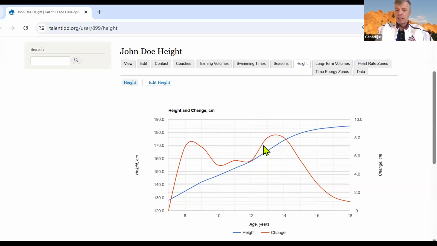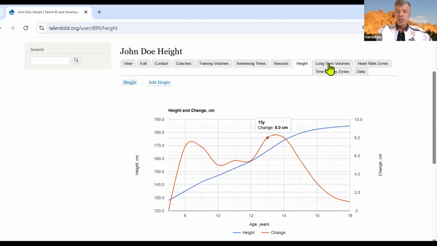So keep that in mind, that you're measuring height more often. You enter height over here, changes of the height, and the software detects that you are late matured. This particular swimmer is late matured, because average peak height velocity, when height increases at the fastest rate, should be at age 12. And for this swimmer it is at age 13.